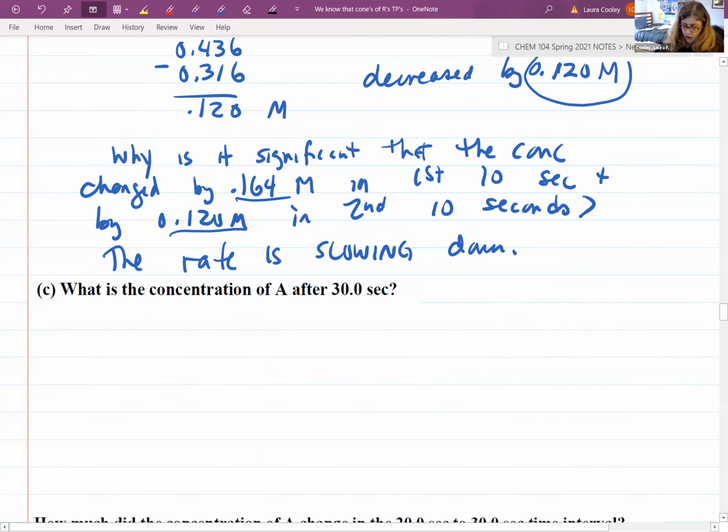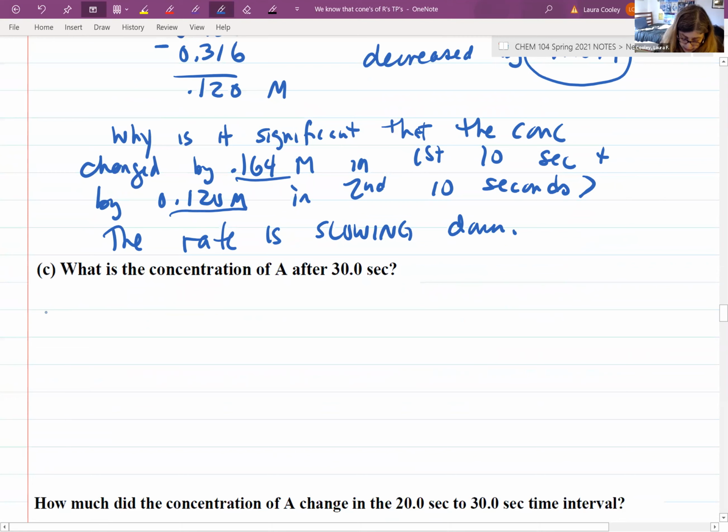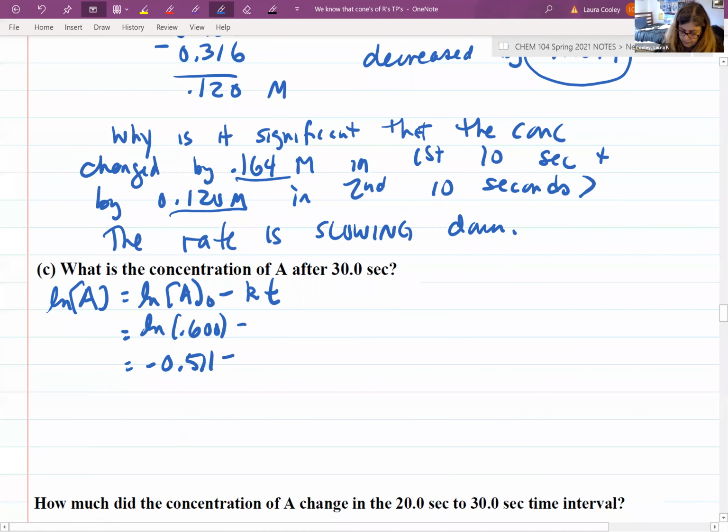So, all right, it's kind of boring. What is the concentration after 30 seconds? Same thing. Log of 0.6 is negative 0.511. 0.320 times 30 seconds, okay?